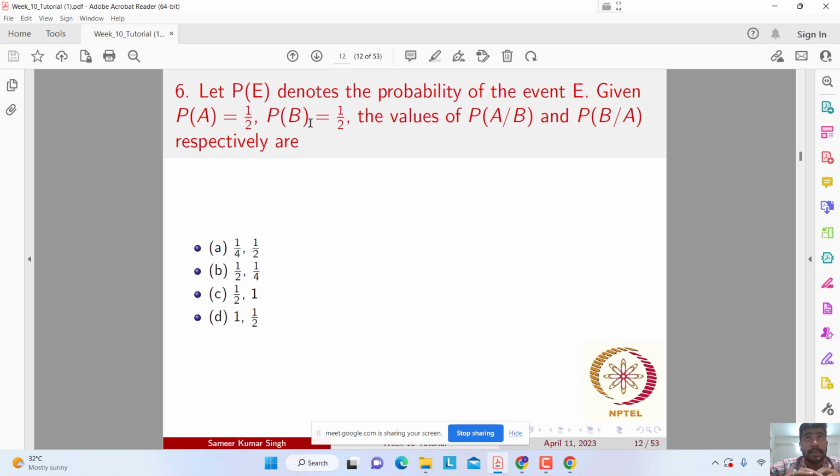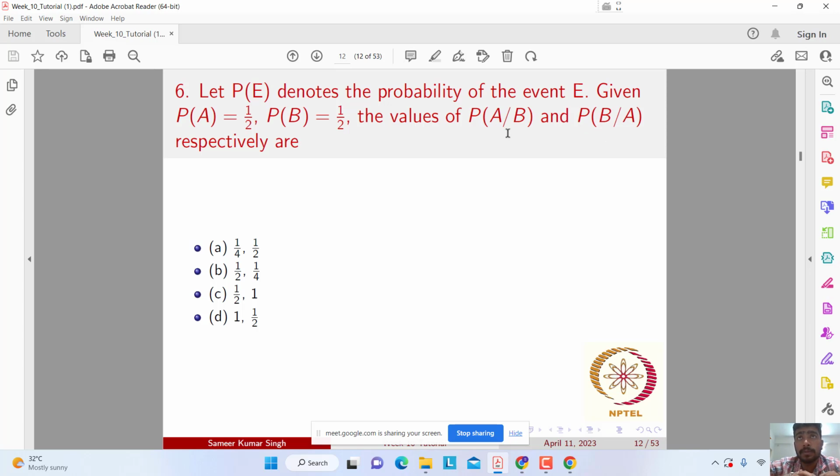Next, question number 6 is based on basic probability. The question is: let P denote the probability of the event E. Given that the probability of A is 1 by 2 and the probability of B is 1 by 2, we have to calculate the probability of A when B is given, and similarly the probability of B when A is given.